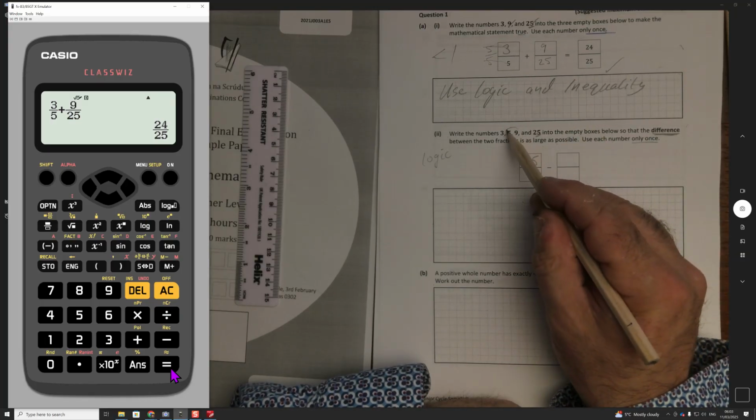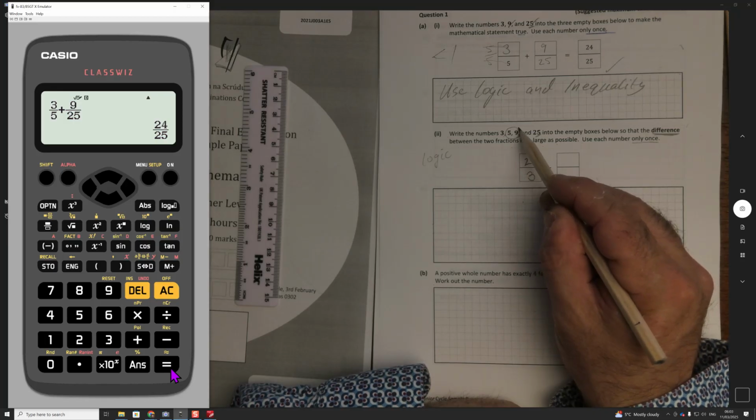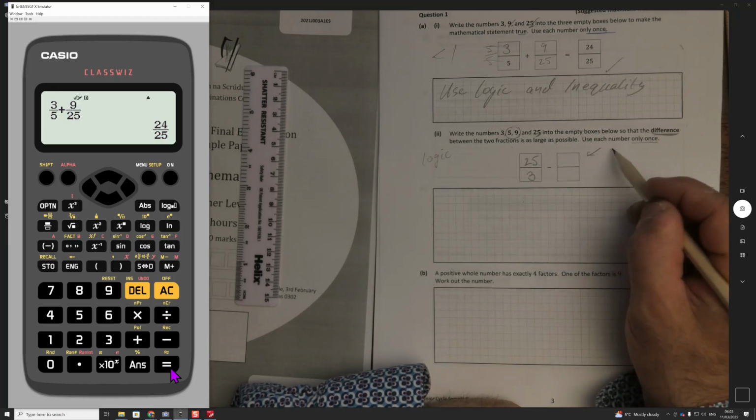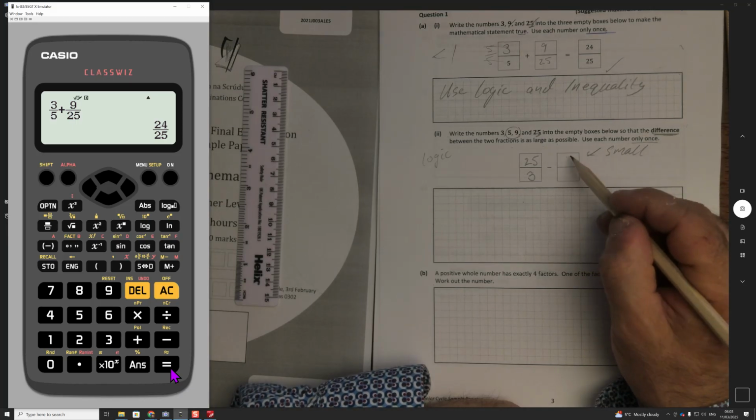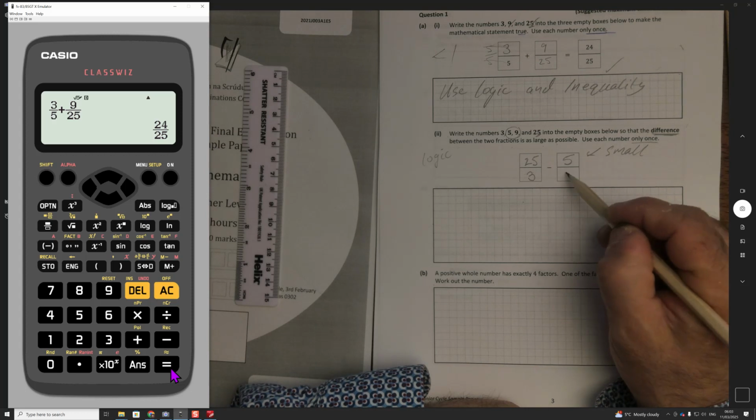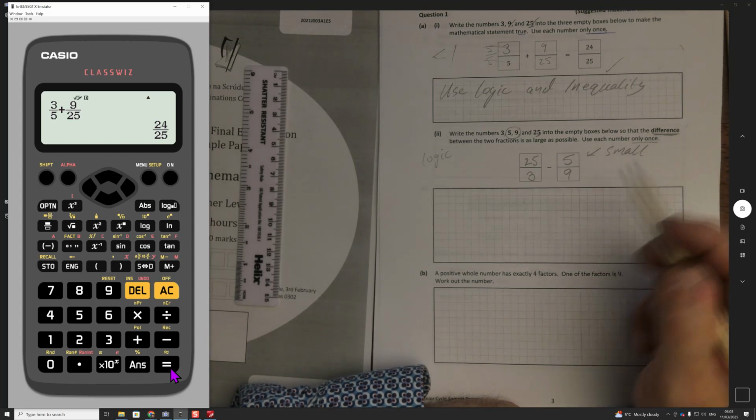Okay, now assuming we're on the right track here, that leaves 5 and 9, and we want this to be as small as possible. So do we want the 9 over 5, or do we want the 5 over 9? Obviously we want the small number over the big number.